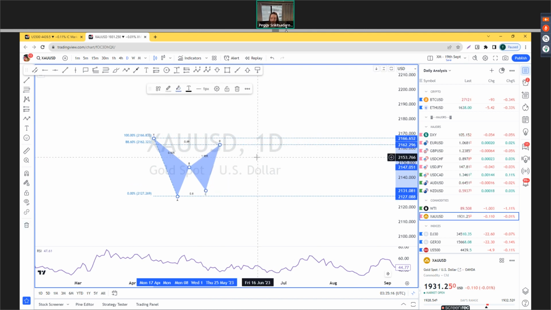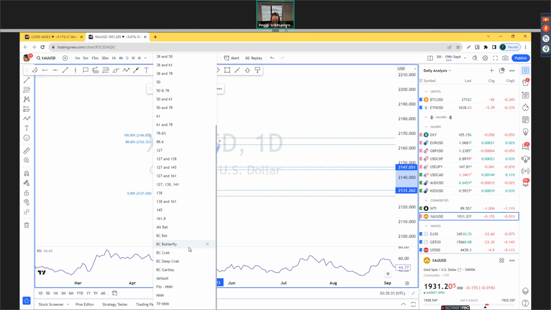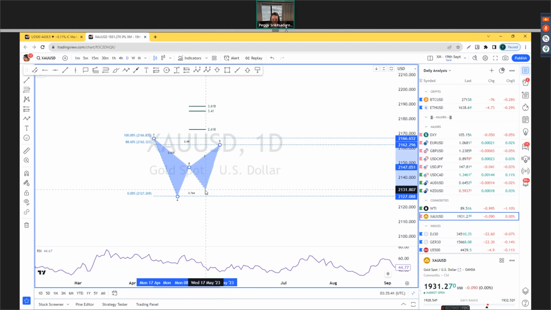And we're going to find the PRZ zone. Like I said, basically it's Fibonacci confluence, right? Then we have to find the BC extension for bat. The BC extension should be here.